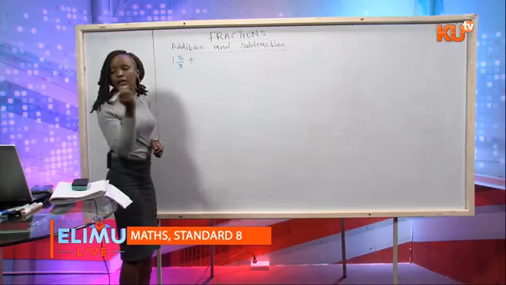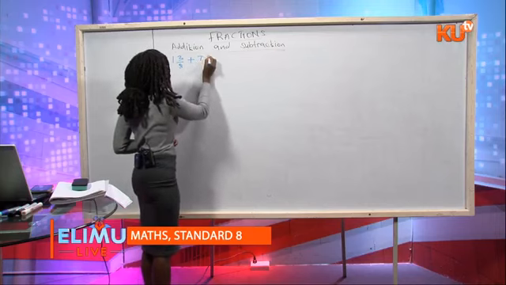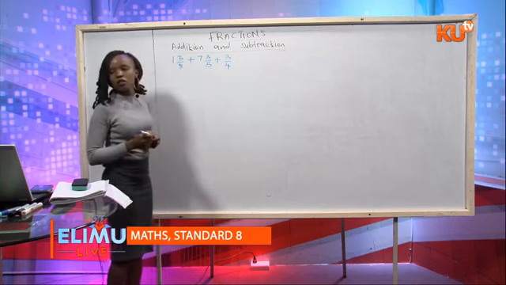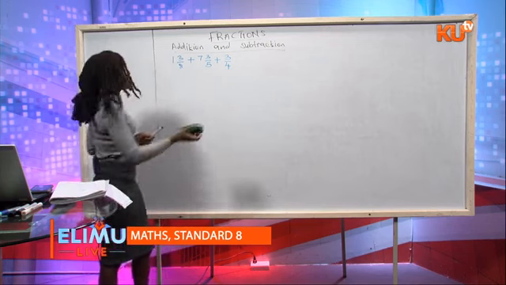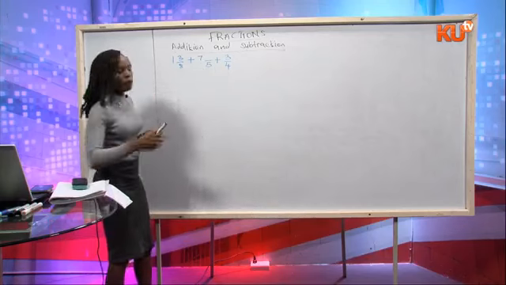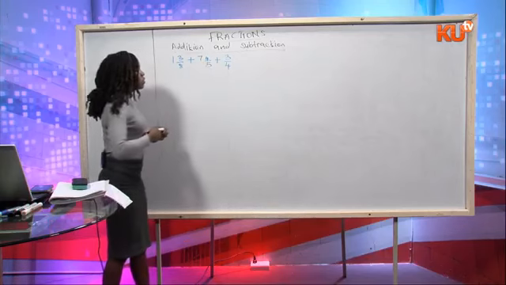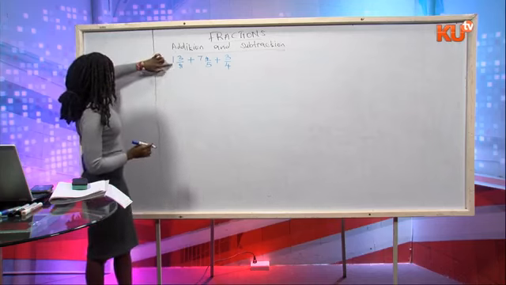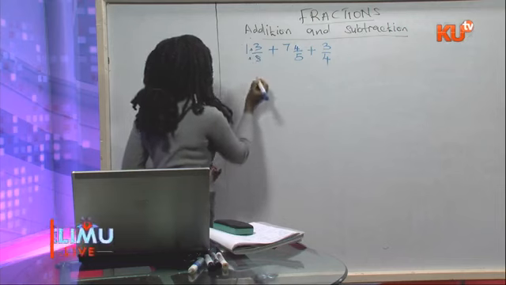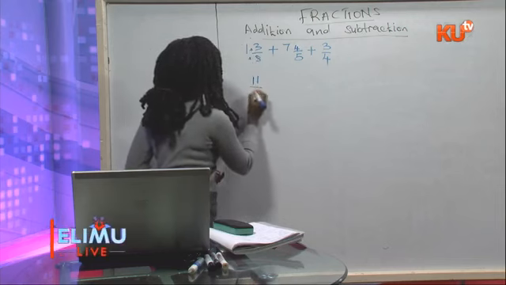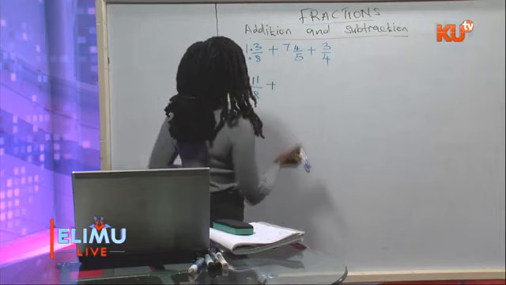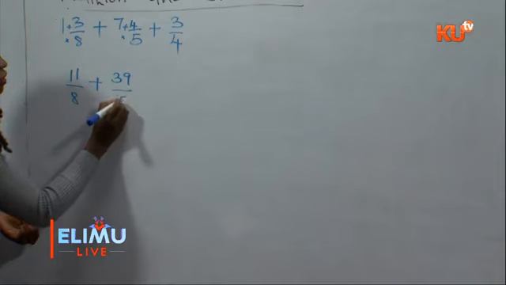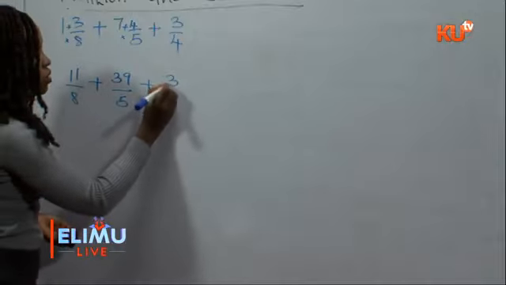So we change the mixed fractions to improper fractions. 1 times 8 plus 3, we get 11 over 8, plus 7 times 5 is 35, 35 plus 4, we get 39 over 5, plus 3/4.